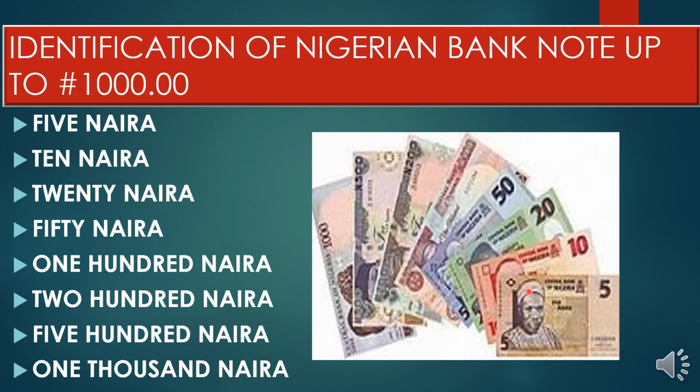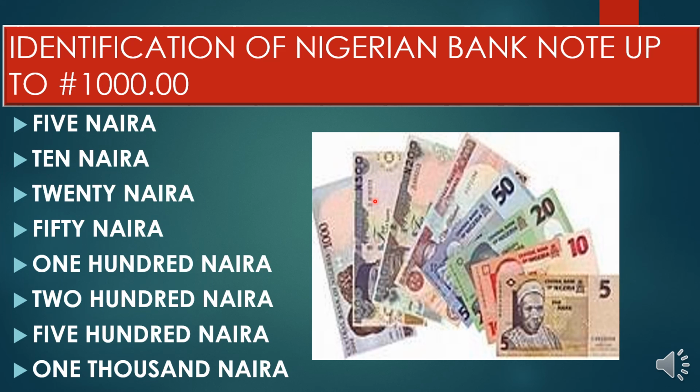Now look closely. I believe we've seen 5 naira before. This is what? 5 naira. The next behind it is what? 10 naira. I believe we've seen it before. Why this one is what? 20 naira. I believe we've seen this before. And this one is what? Our what? 50 naira. Okay. Now the next is our what? 100 naira. After 100 naira, we'll get our what? Our 200 naira. Then we have our what? 500 naira.